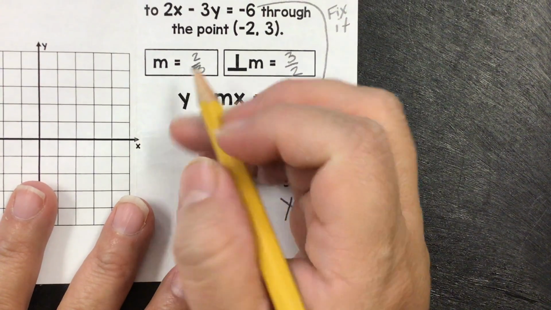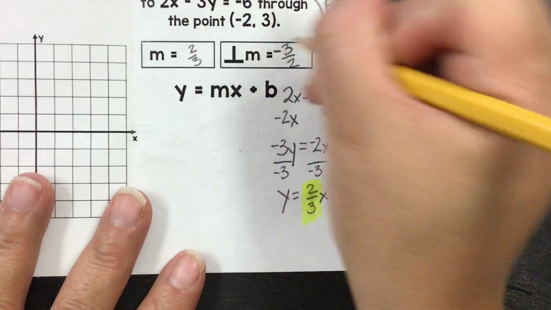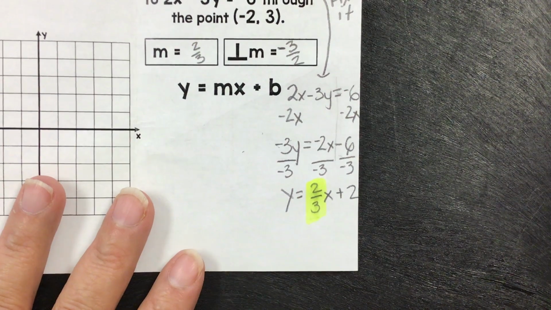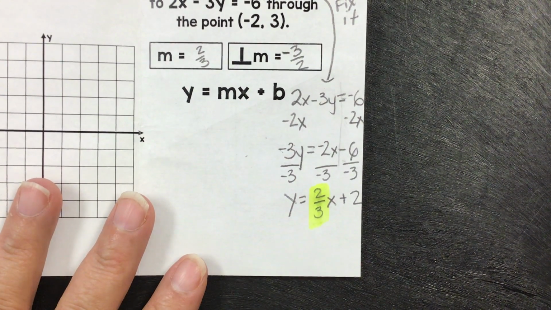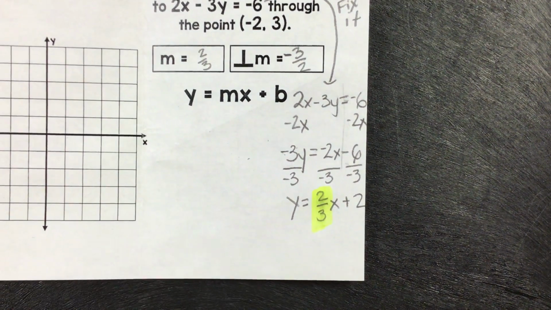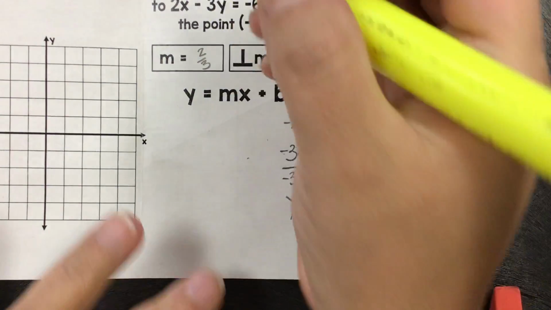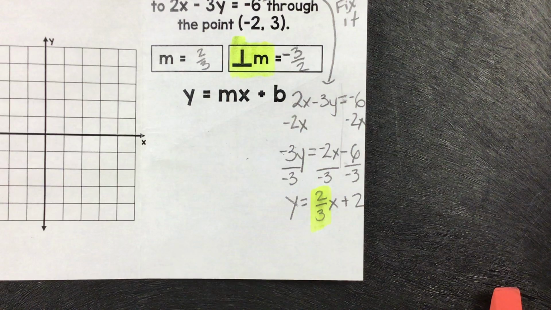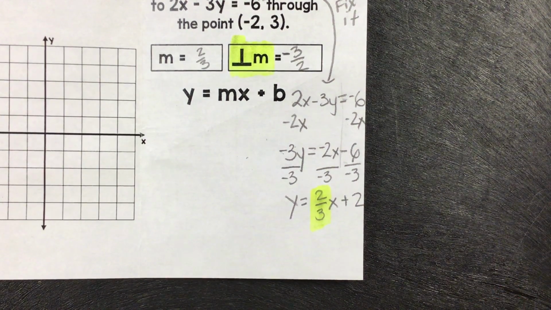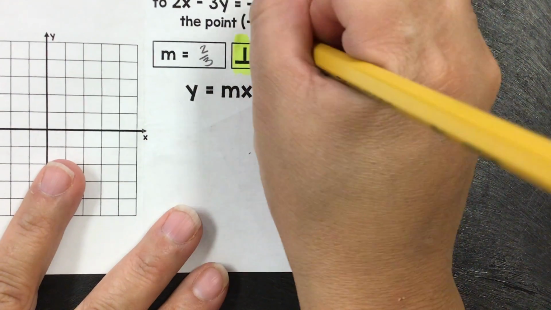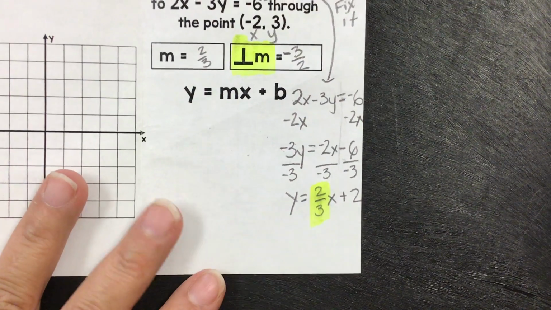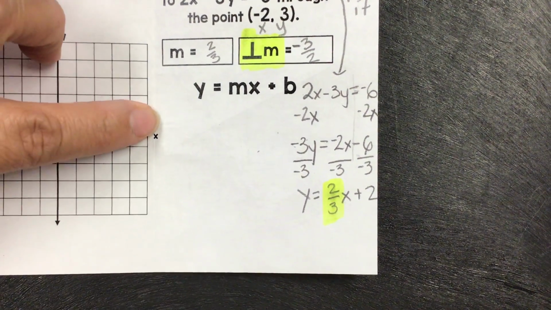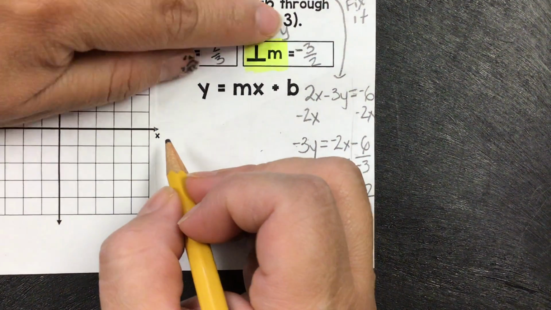This slope was positive. Now we need to make it negative. Now that we have the slope that we need, we're writing a perpendicular line. So we need the perpendicular slope. We're going to substitute in the values. This is x and this is y.